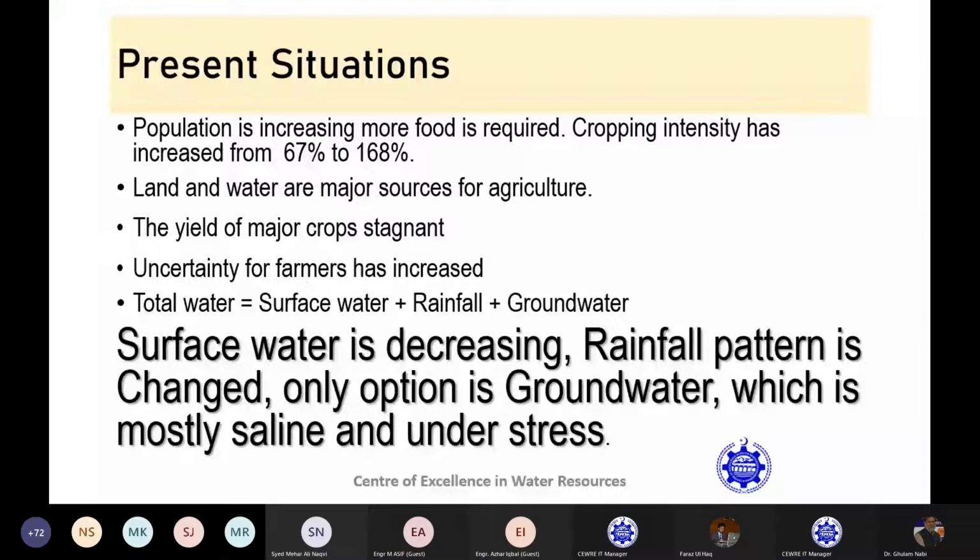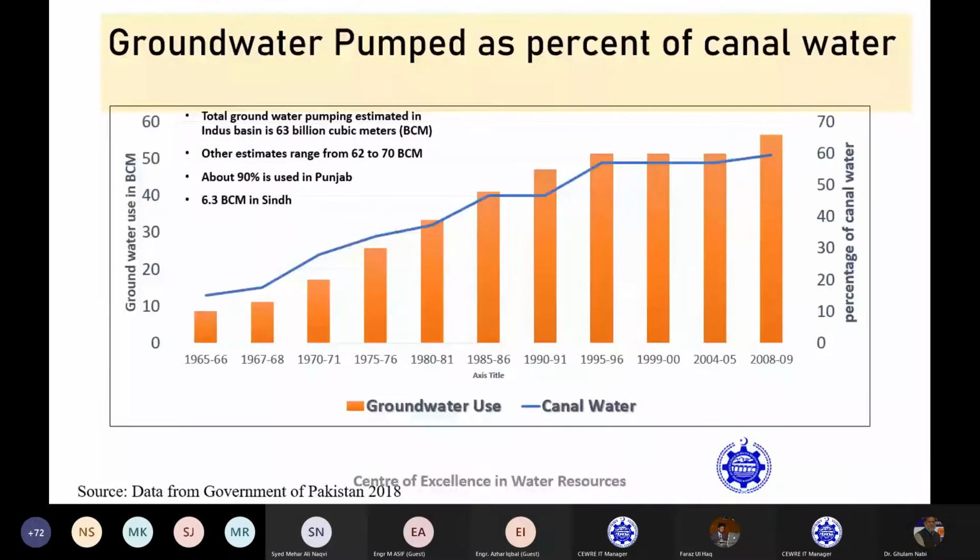55 million acre feet is our potential, and then cropping intensity and food production are mainly dependent on the groundwater. If we look at this graph, we can say that in 1966 the groundwater was only 8 billion cubic meter.